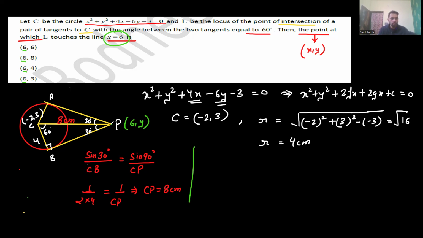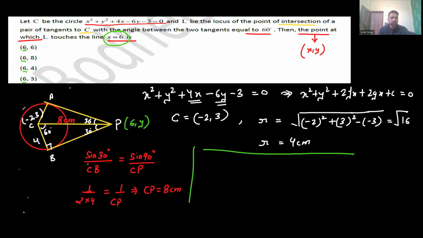The distance from C to P is 8 centimeter and the coordinate of C is (-2, 3). We know the formula to find the length of the line, which is (x1 - x2) whole square plus (y1 - y2) whole square, which is equal to the square of the length of the line.